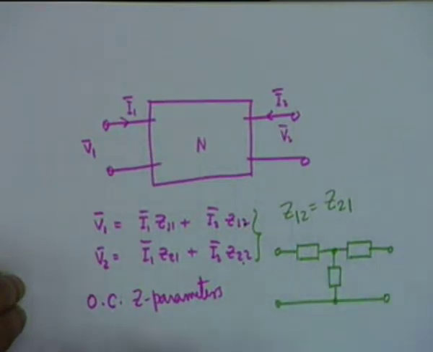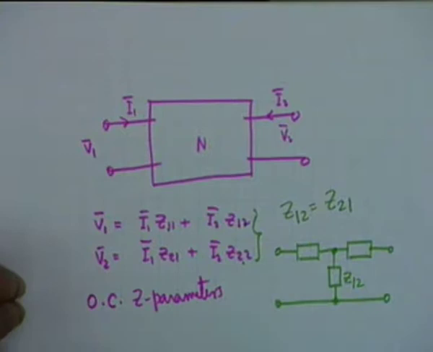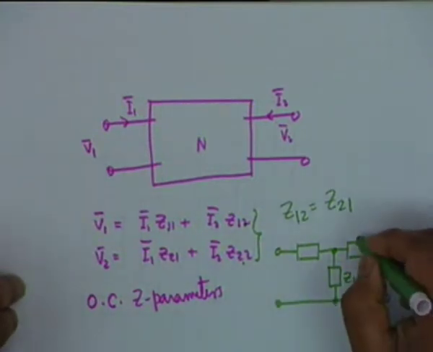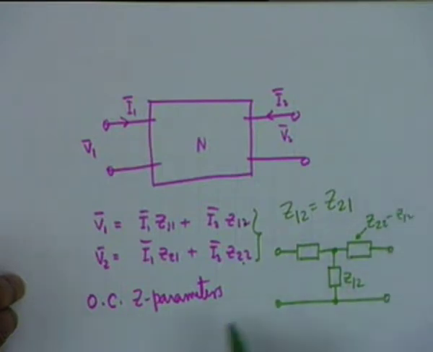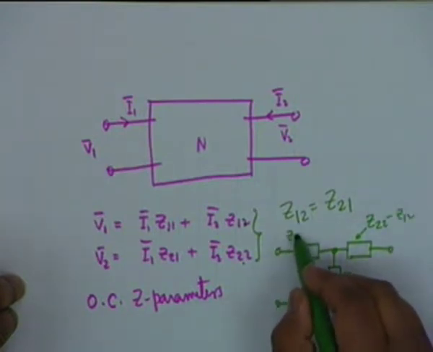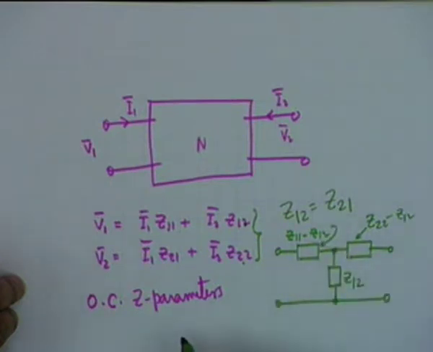3 elements like this, where the shunt element is simply Z12 and the series elements are Z22 minus Z12 and Z11 minus Z12. Then this simple network represents the 2 equations.